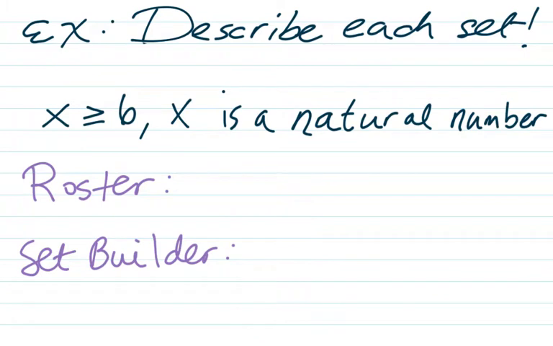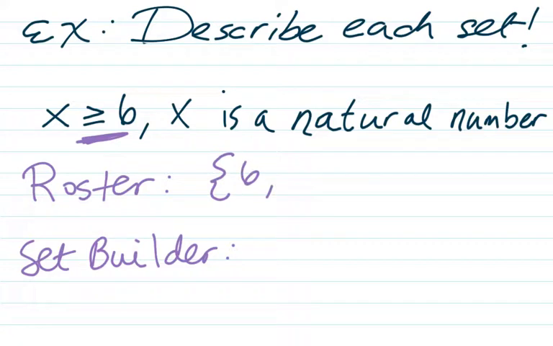Now, if we look at this, we're going to describe each of these sets. So we're going to be given a description, we're going to write it in roster form, and then we're going to write it in set builder notation. So for this one, we have x is greater than or equal to 6. x is a natural number. For roster form, we're going to start with 6 because it's included.